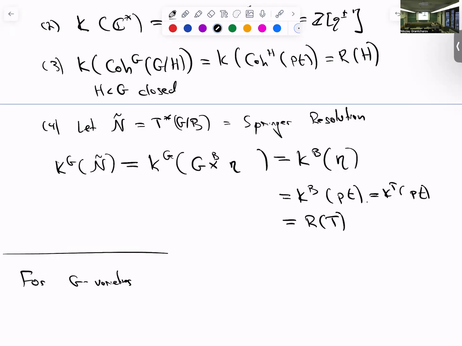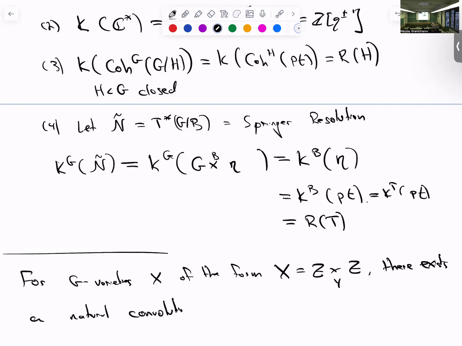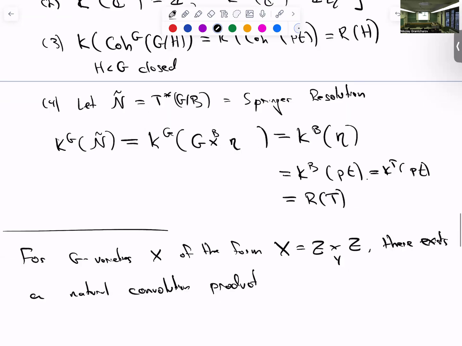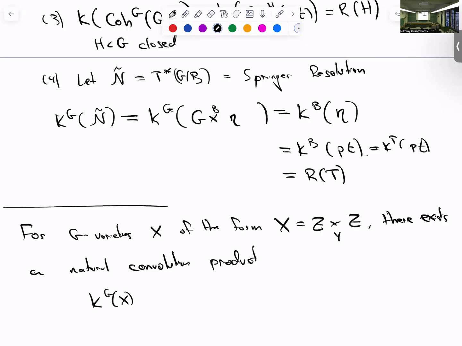But it turns out for varieties of the form that are symmetric, Z cross Z, or even more generally, Z cross Z fibered over Y, there exists a natural convolution product, which is given in the usual way.